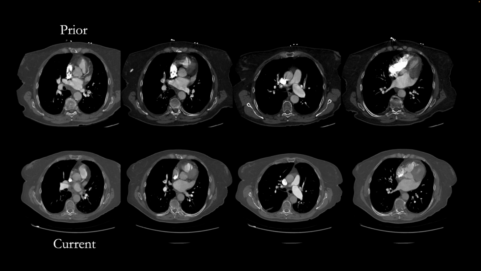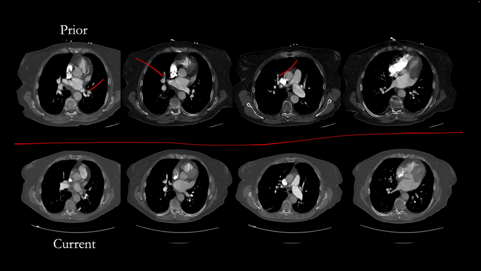Here is our next patient. They had two different studies at two different time points, and these studies are a CTPE protocol. And in the prior study, we find that they have filling defects in the pulmonary artery branches, suggestive of acute pulmonary embolism.